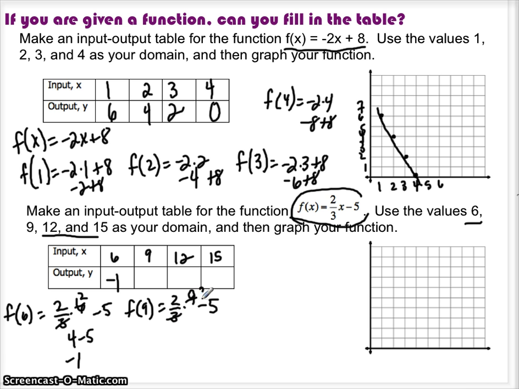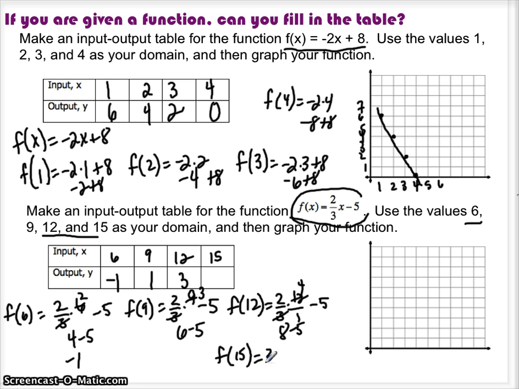So 3 goes into 9 3 times. 2 times 3 is 6. Minus 5 is 1. F of 12, 2/3 times 12 minus 5. 3 goes into 12 4 times. 2 times 4 is 8. Minus 5 is 3. And then f of 15, you have 2/3 times 15. 3 goes into 15 5 times. 2 times 5 is 10. Minus 5 is 5.